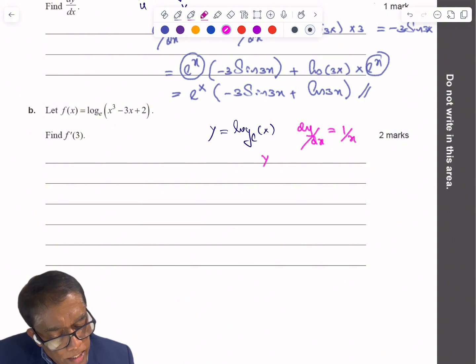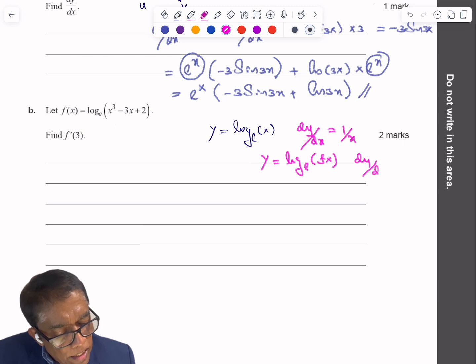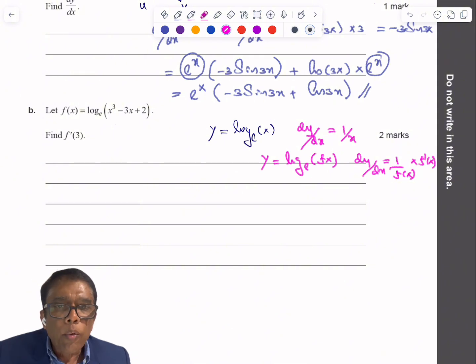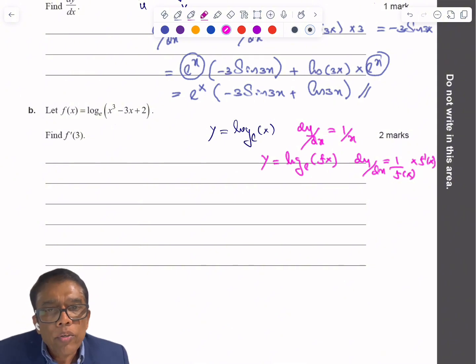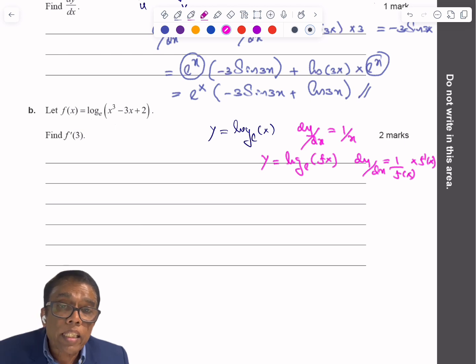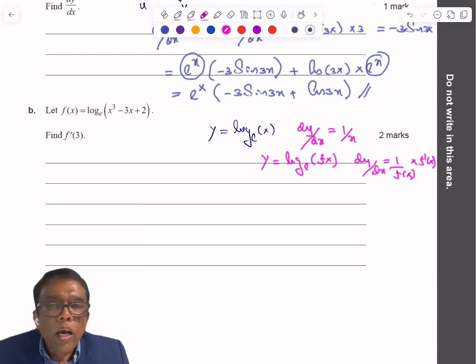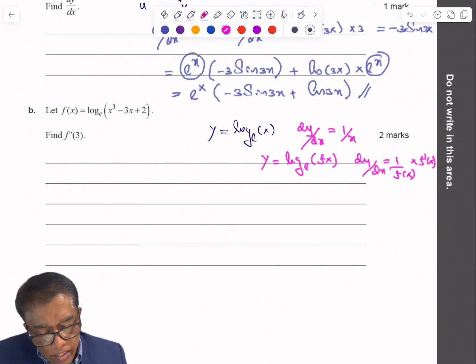Similarly, if y is equal to log_e f(x), dy/dx is 1 over f(x) times f'(x). Now, here it is given f(x) is equal to log_e of (x^3 minus 3x plus 2). Now we have to differentiate.